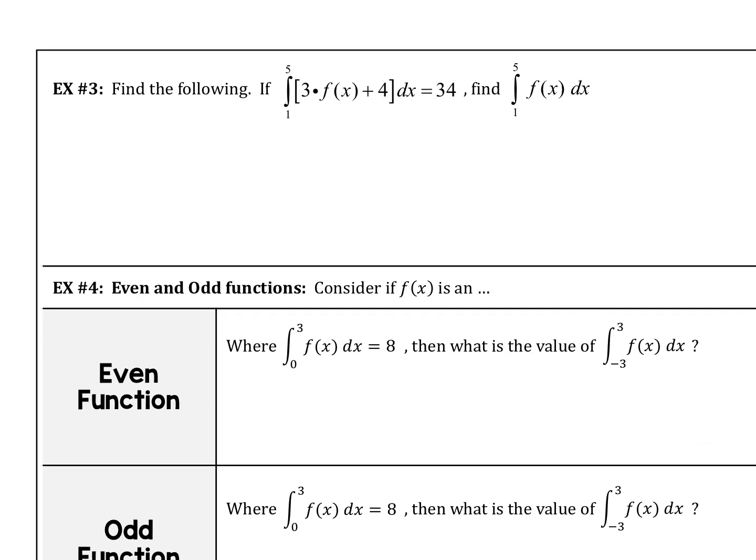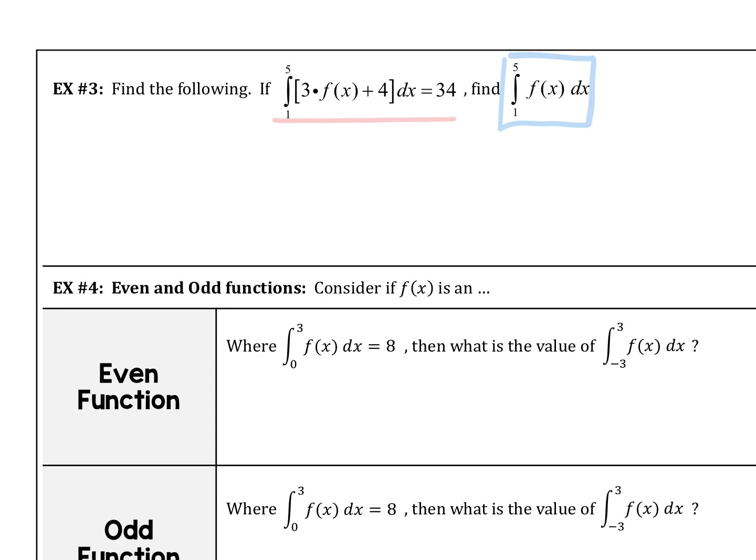Okay, now for this problem we're going to use algebra in order to solve a piece of calculus. I'm trying to solve from 1 to 5 of the integral f of x dx. But I'm given this equation right here is equal to 34. So using our properties of integrals, we can rewrite it and then we can solve for that piece.